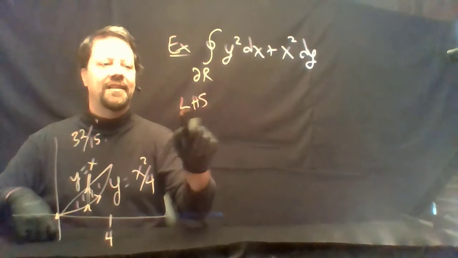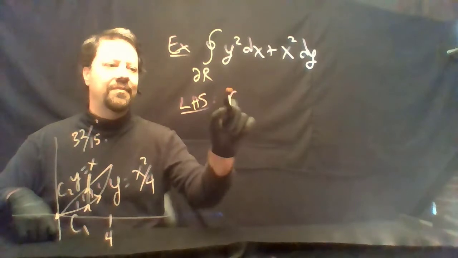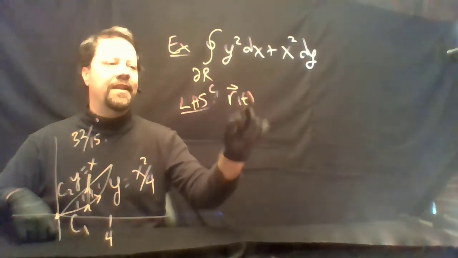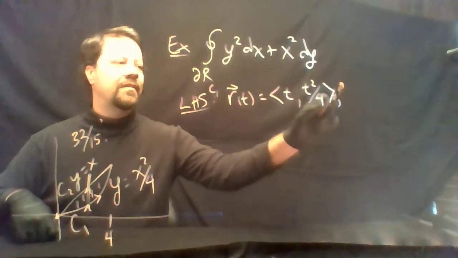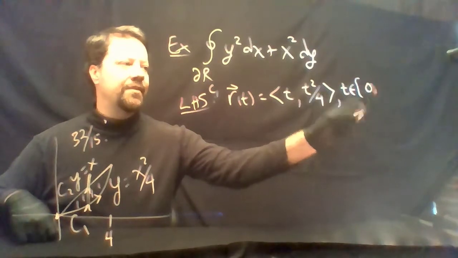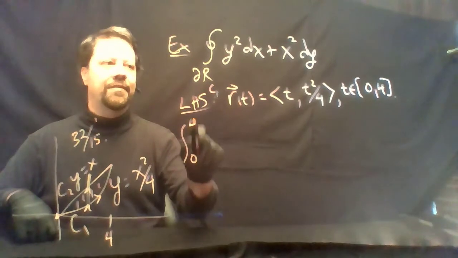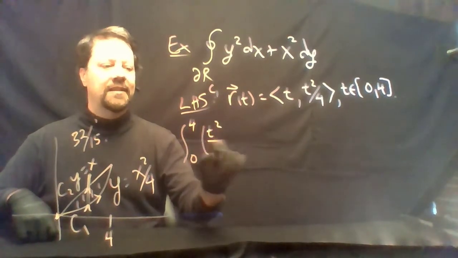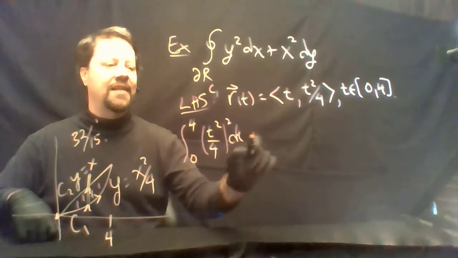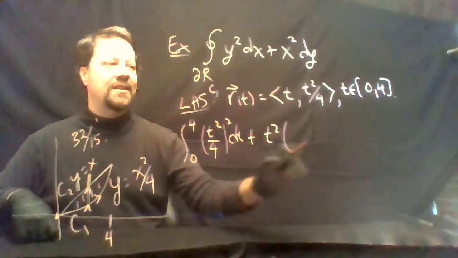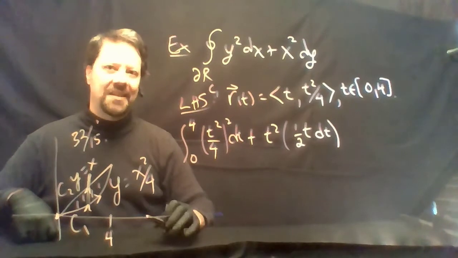On the left-hand side, we'll have to break the curve into two pieces, curve 1 and curve 2. For curve 1, we can find the parameterization t squared over 4, where t runs from 0 to 4. We get the integral from 0 to 4 of t squared over 4 squared times dt, dx is dt, plus t squared times dy, dy is 1/2 t dt.